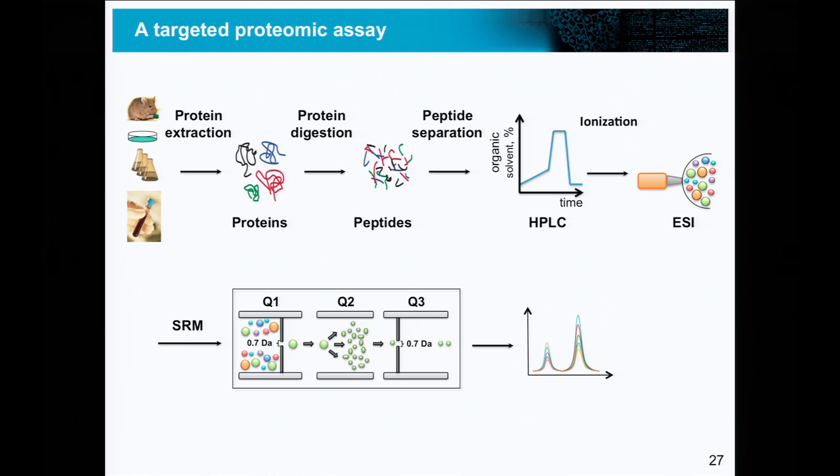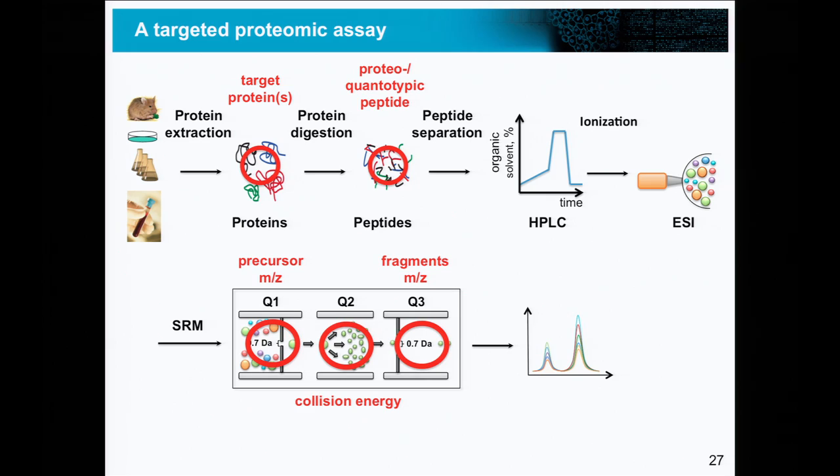You need to know which proteins you would like to target, you need to know which are the proteotypic or quantotypic peptides you're interested in, and you need to know how these peptides behave on your mass spectrometer: what's the precursor m/z value, the fragments, which collision energy do you want to use, and at the specific collision energy, how do these fragments look like. And all of those indicated parameters are strictly required for every SRM measurement. So you need to have this information before you can press the start button on an SRM instrument.